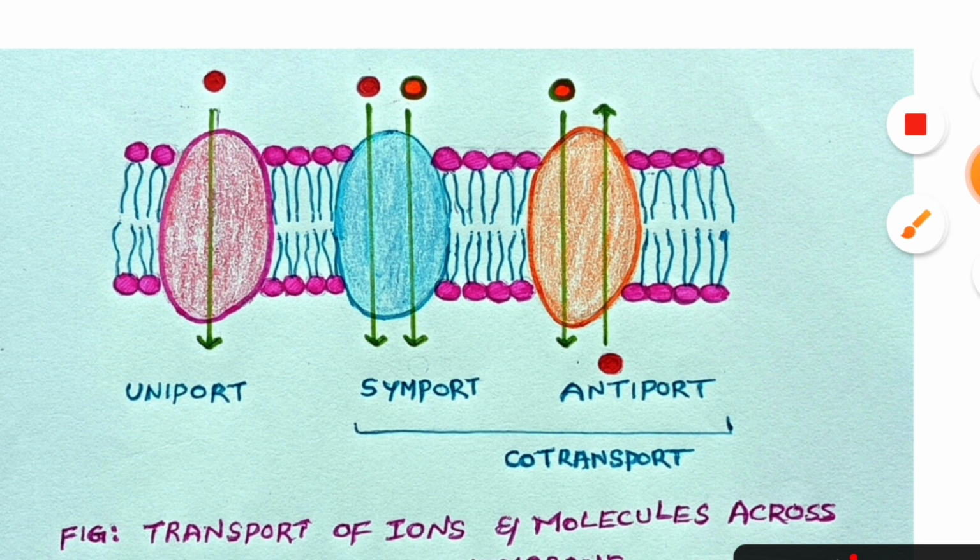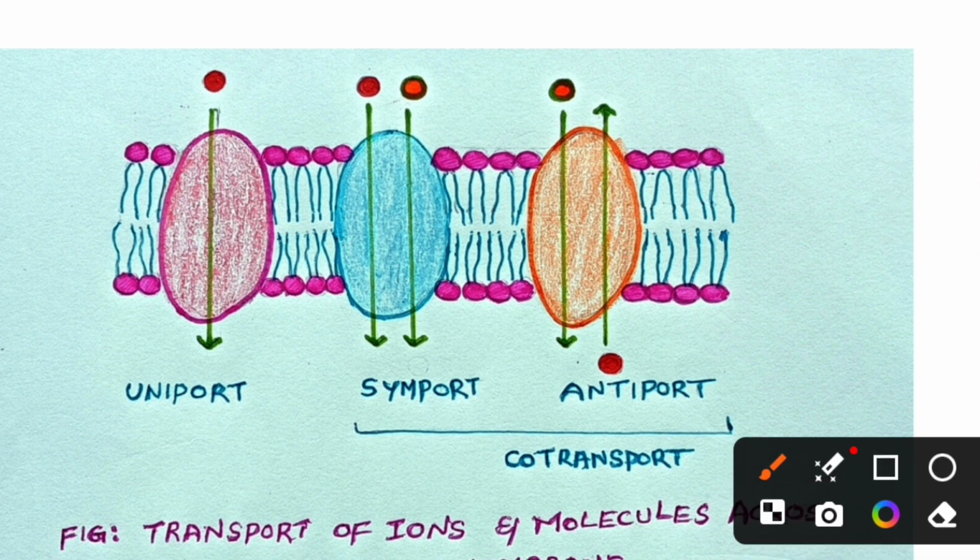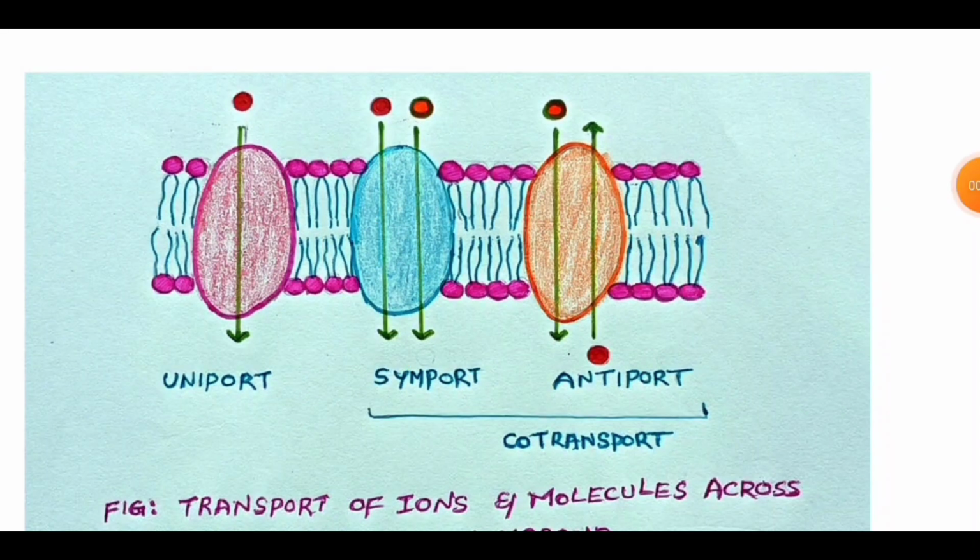This protein is called a Symporter protein. The Symporter protein transports Na plus ions and glucose molecules at a time in the same direction. This Symport type of transport occurs in the intestine.